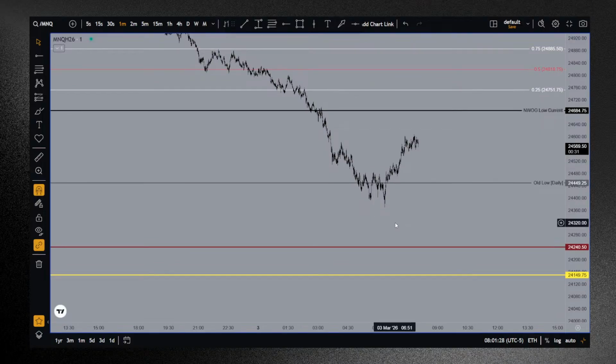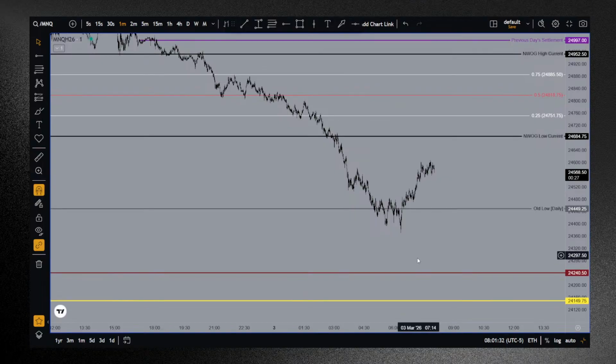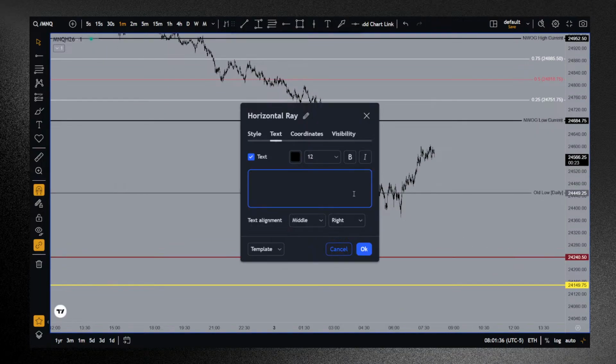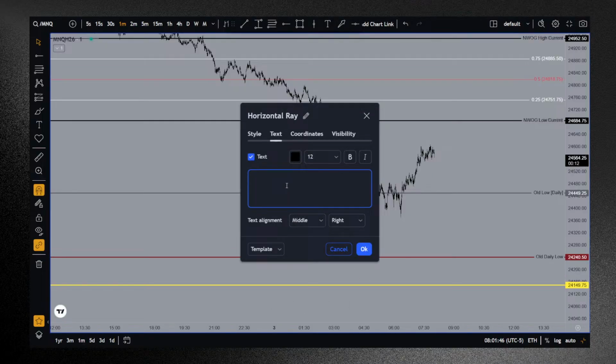So this is where I want to include what we have on the downside. We have this old daily low, and we have this final boss sell side.